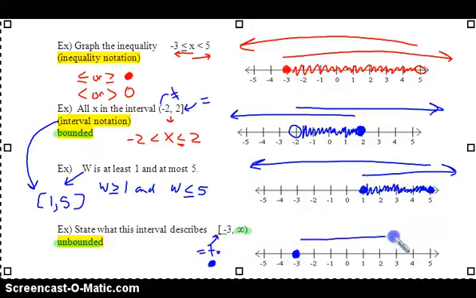Well, positive infinity is this way. So I shade everything on the number line. When I get to the end of the number line to show that that pattern is continuing, it's not just stopping at 5, I put an arrowhead to show that it's continuously off that way. You only have to put the arrowheads on here when you get the unbounded intervals.